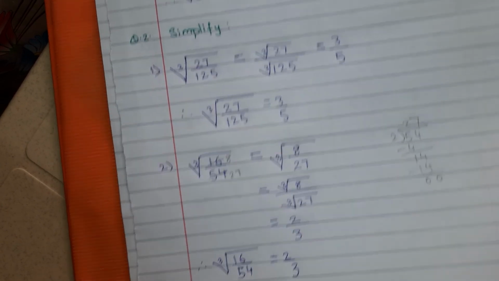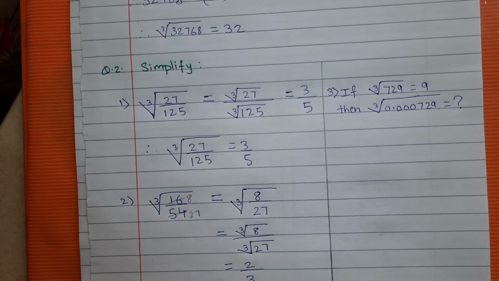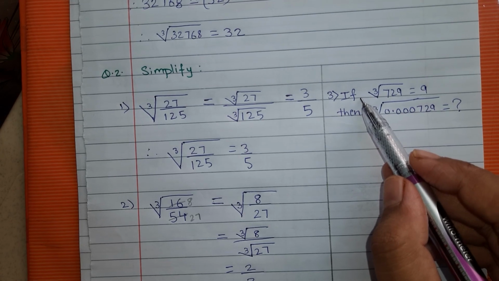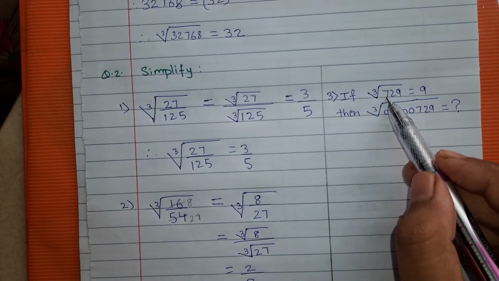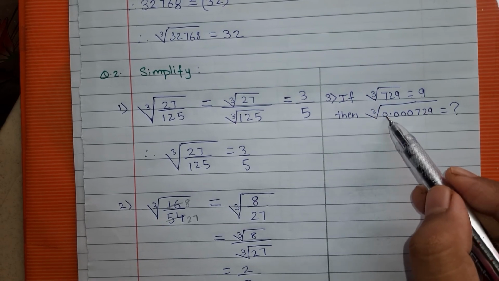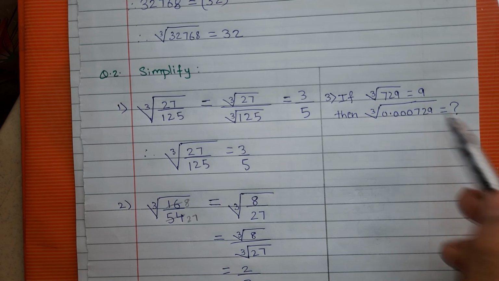Now the last one we will take. In the third question, they have given us that if the cube root of 729 is 9, then find the cube root of 0.000729.